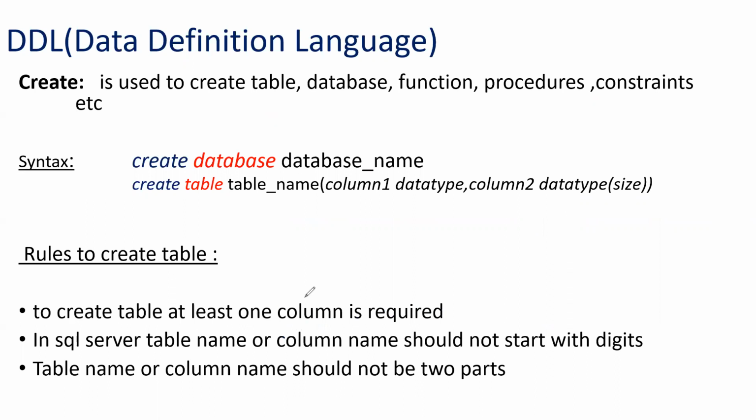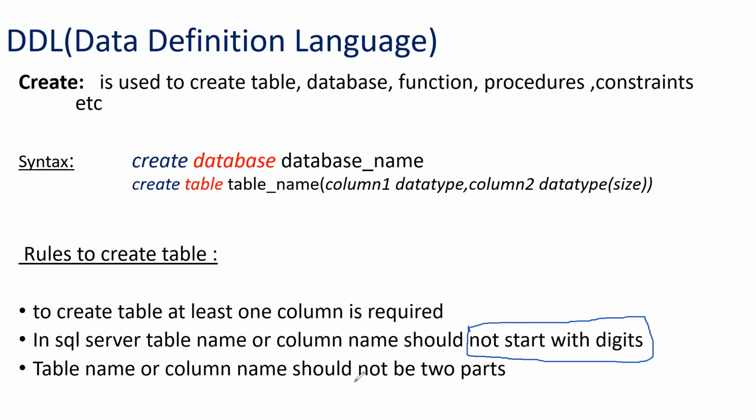Without one column, how can we say it's a table? At least salary, or else names. Worst case, at least names. At least one column is required, and the name should not start with digits.